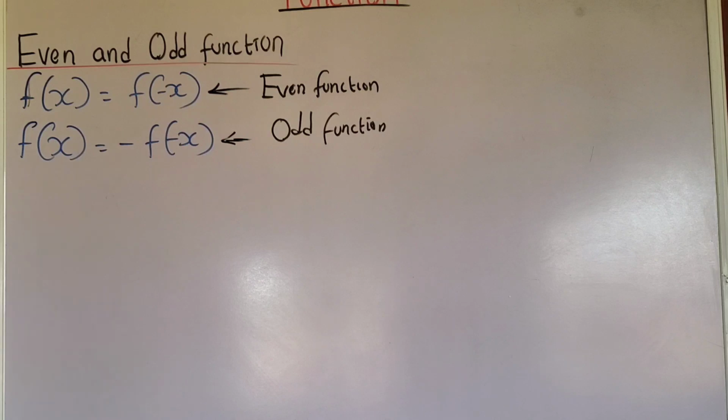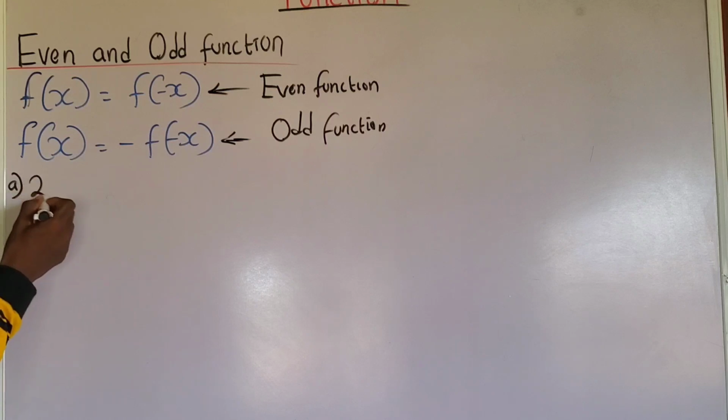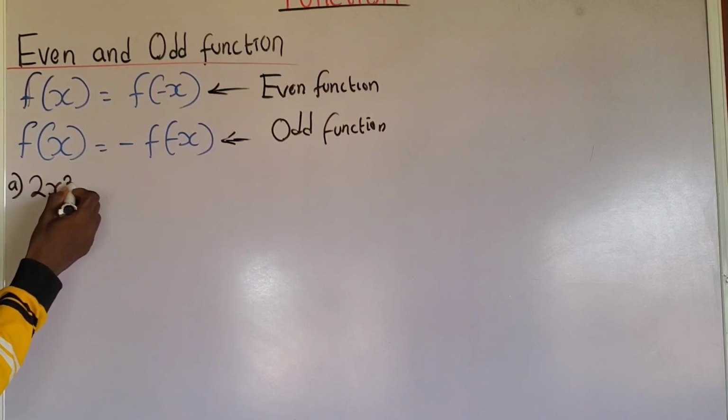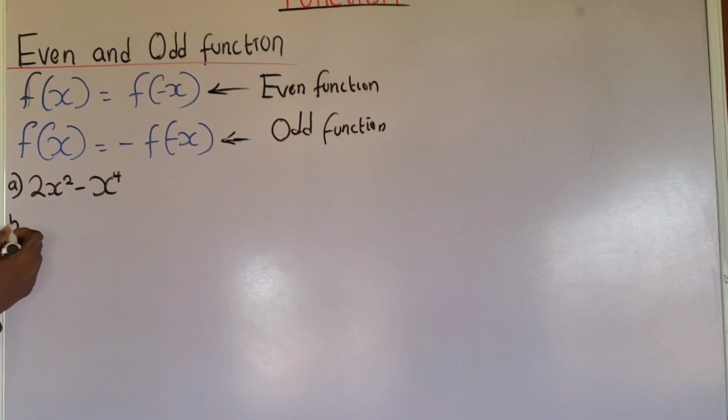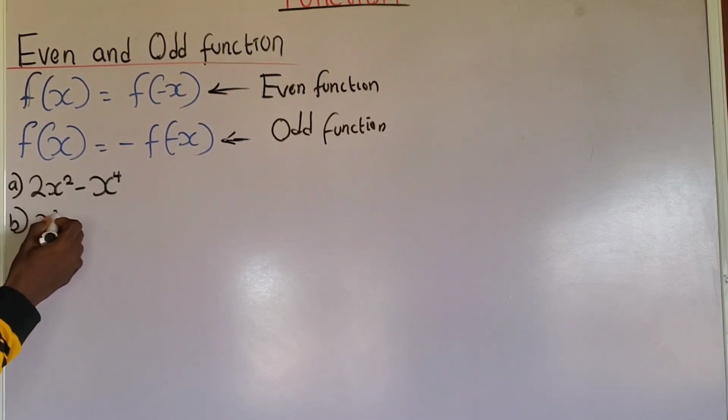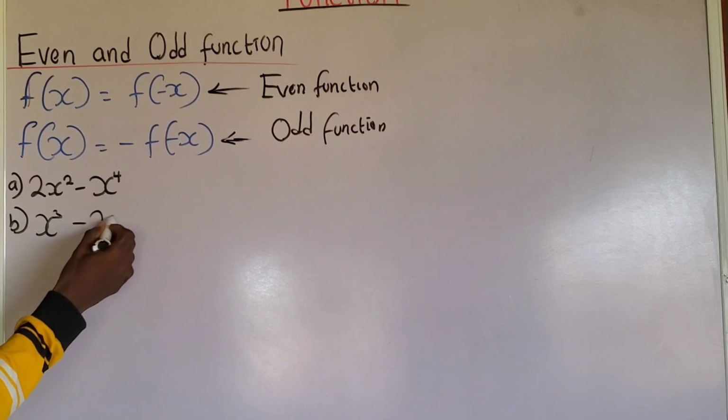Determine whether the following functions are even or odd. For A, we have 2x squared minus x to the power of 4. For B, we have x to the power of 3 minus 2x.